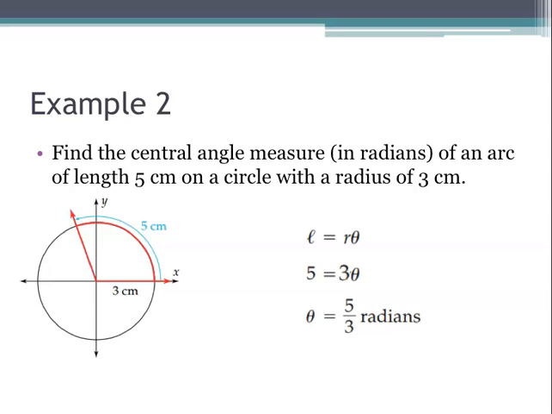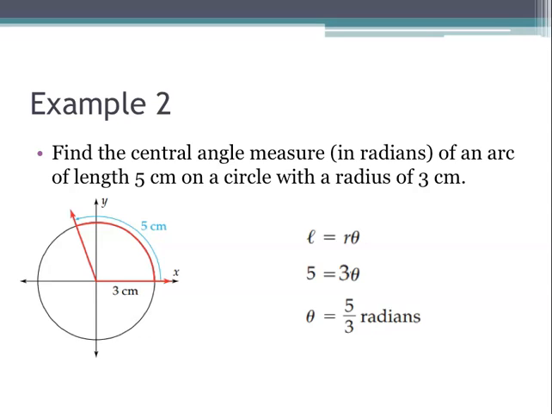So it's not necessarily the case that radians will always be in terms of pi. Radians can be any measurement, but usually when we're talking about those specific angle measures from the ones on the unit circle, that spiderweb looking thing we did last time, all of those we want to keep in terms of pi. But it's not always that radians has to be in terms of pi, right? So for example here, 5/3 radians.